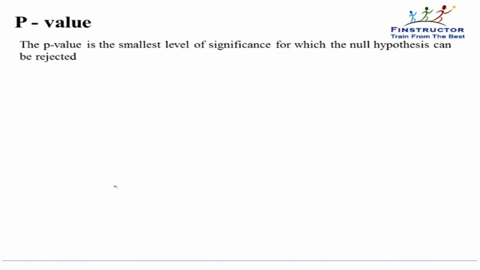We will now revise an interesting concept called p-value from Level 1. So please recall that p-value is defined as the smallest level of significance for which the null hypothesis can be rejected. So to do an example, let's assume that we are performing a z-test. Z-test assumes the normal distribution.